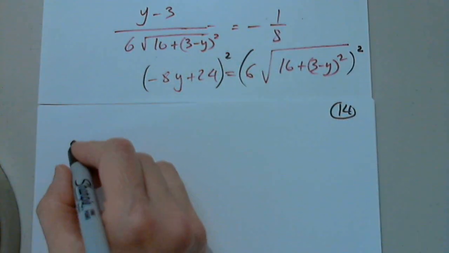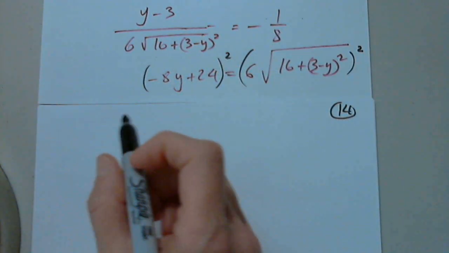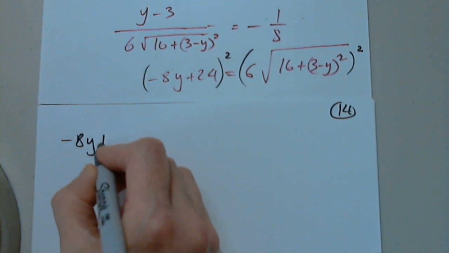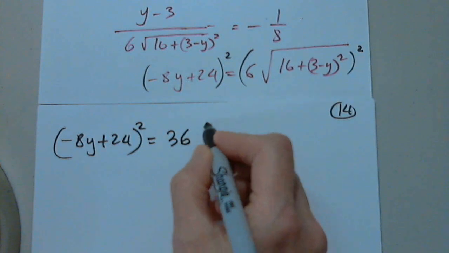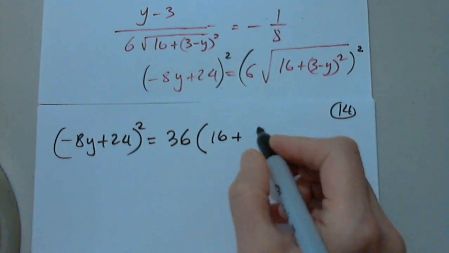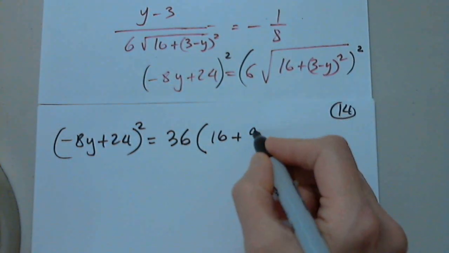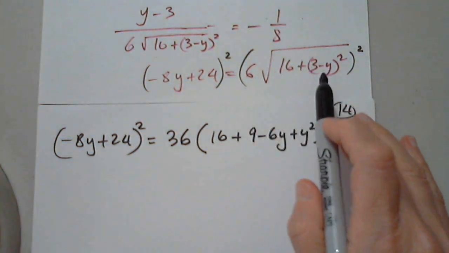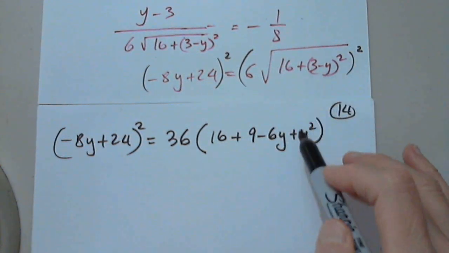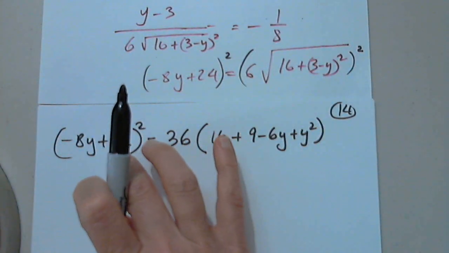Okay, this side. I'm going to write it like this for a moment. But the other side is 36 and then 16 plus, I'm going to square this, 9 minus 6y plus y squared. 9 minus 2 times the first times the second, that's okay. Now I'm here.